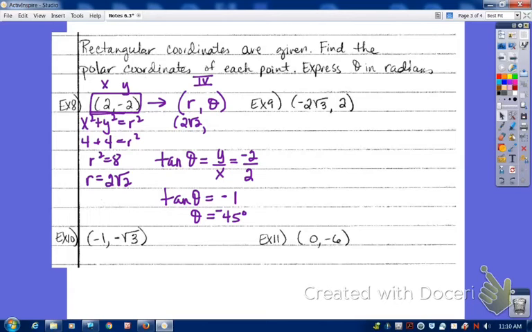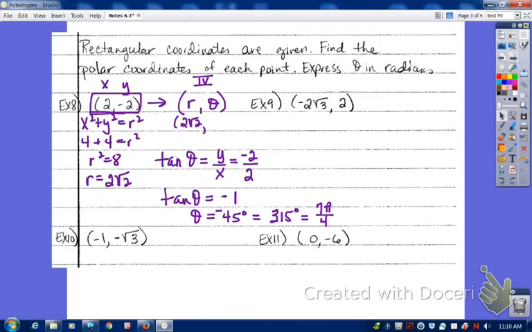Yes. They're not going to want your angle to be negative. So what positive angle is equal to negative 45? 315. What radian measure is that? 7 pi over 4.